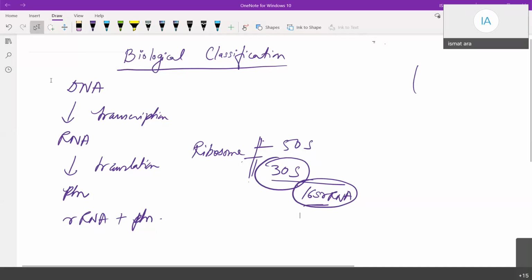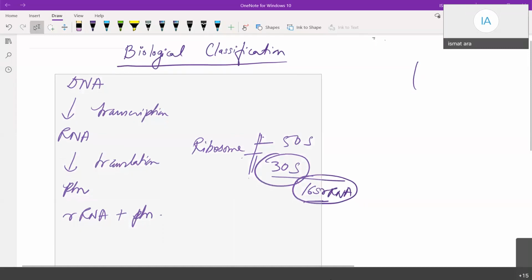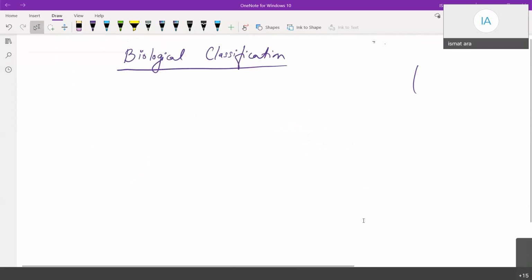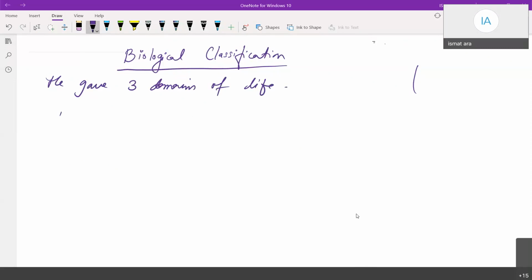Carl Woese gave three domains of life. What are the three domains? First one is Archaea.